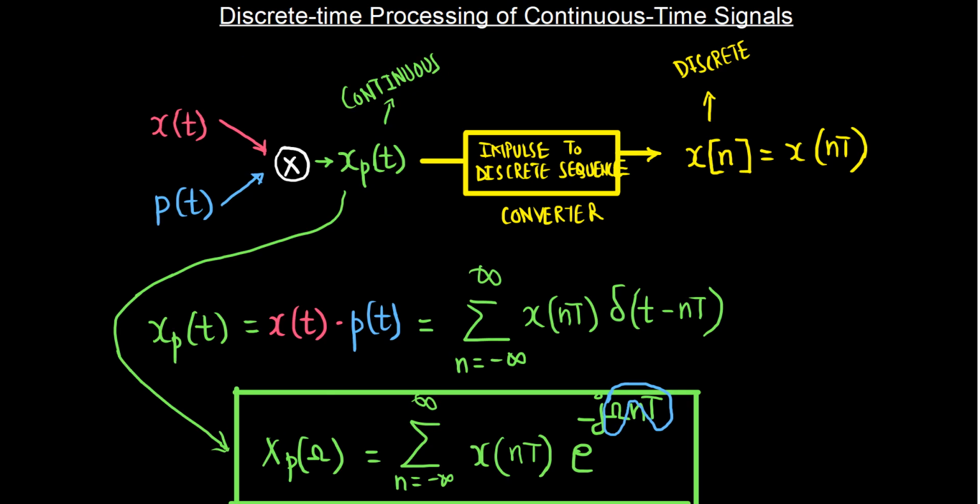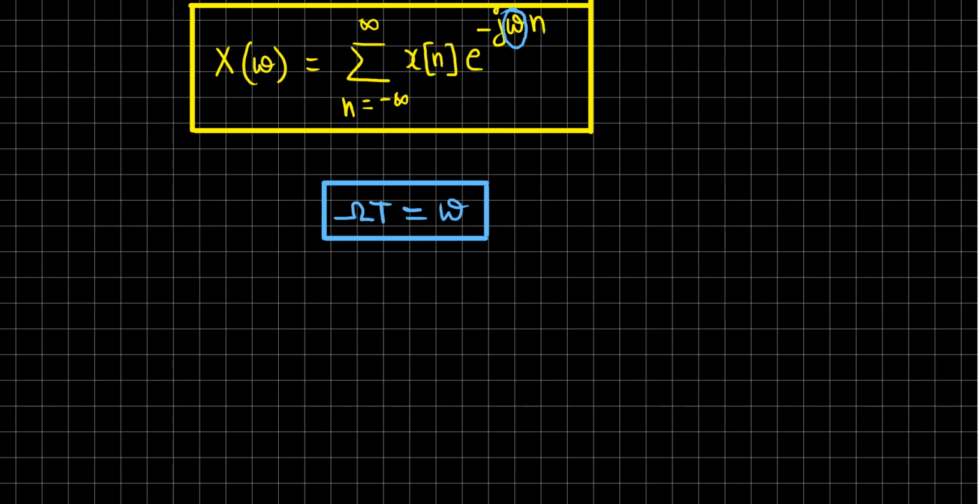So the Fourier transform of this discrete sequence is going to be similar to the Fourier transform of xp of t. The only change is going to be in the scaling factor of T. So that is actually captured in this expression. The Fourier transform of the discrete time sequence is going to be similar to the Fourier transform of the continuous time signal.